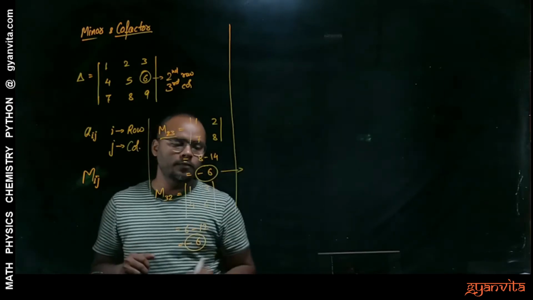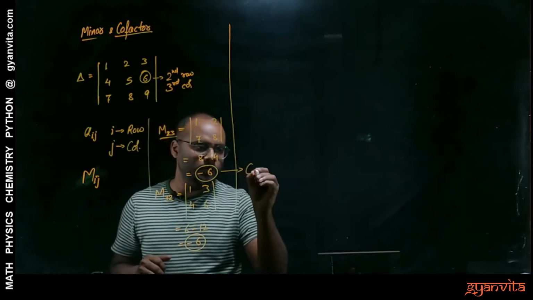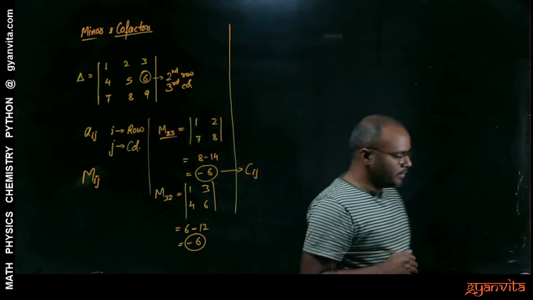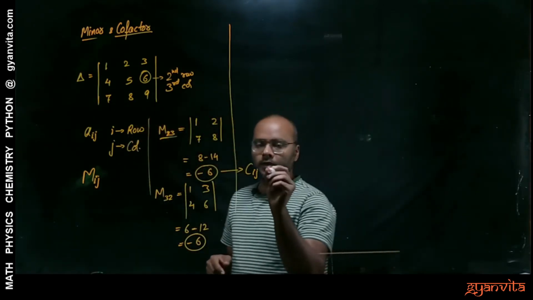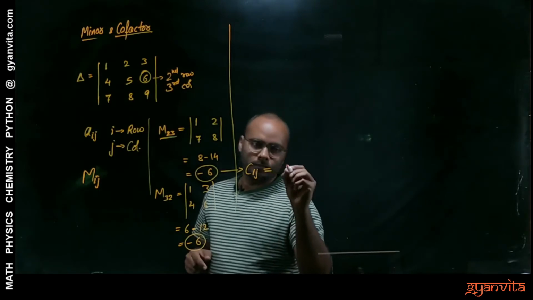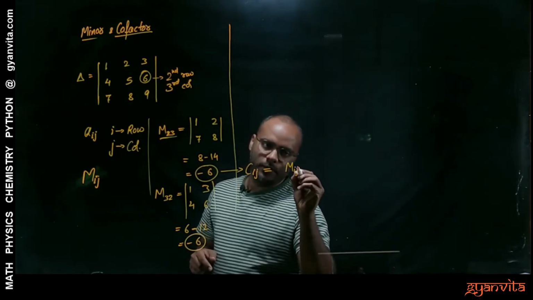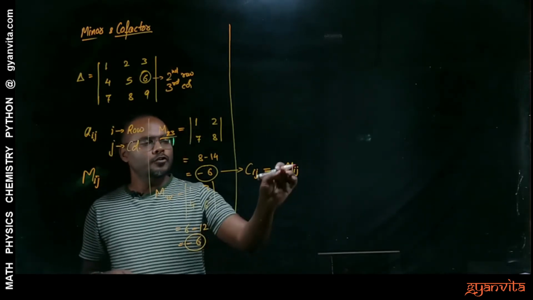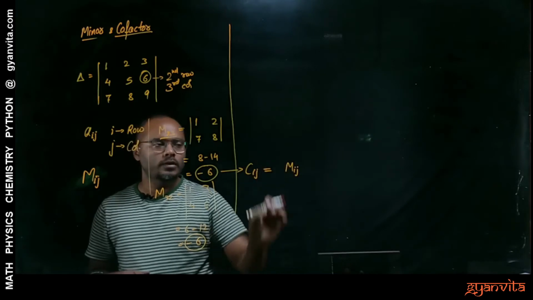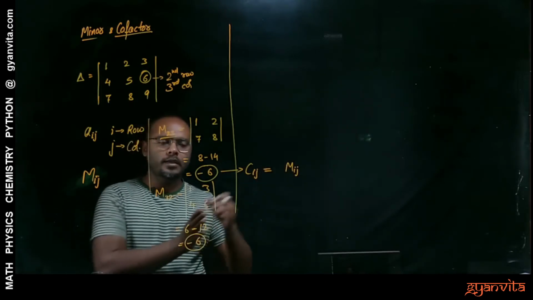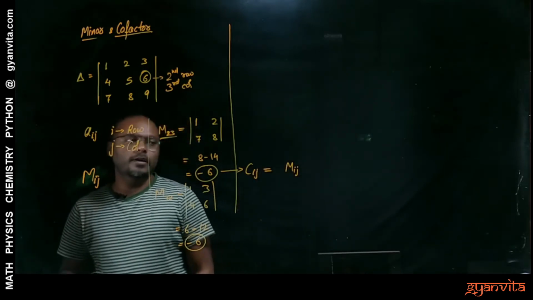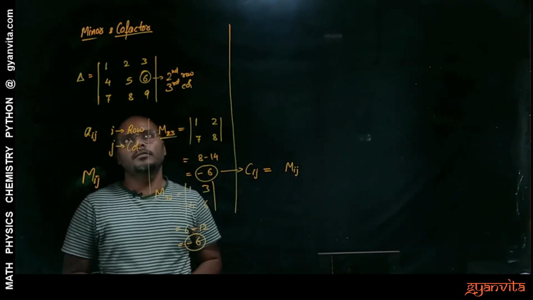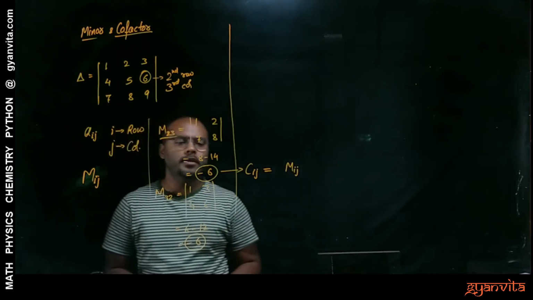If you have to find the cofactor C_ij, you should know the minor. If the minor is M_ij, then you take that M_ij and multiply it by either minus 1 or plus 1, that is, you take the negative or positive value of M_ij, depending on the position of the element for which you are finding the cofactor.